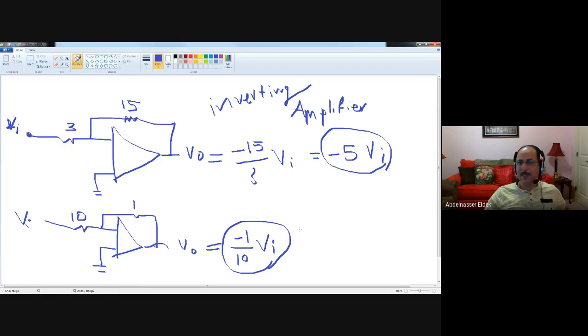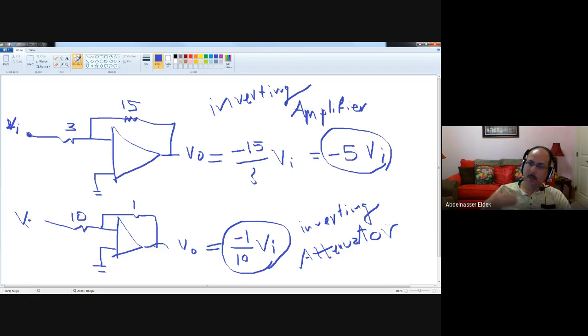So this one is inverting, but it is an attenuator. Why? Because it decreases the output. The output will be the input divided by a number.